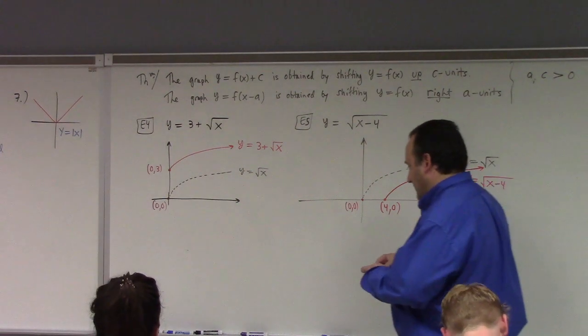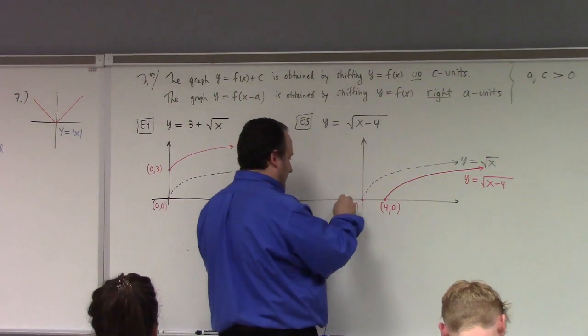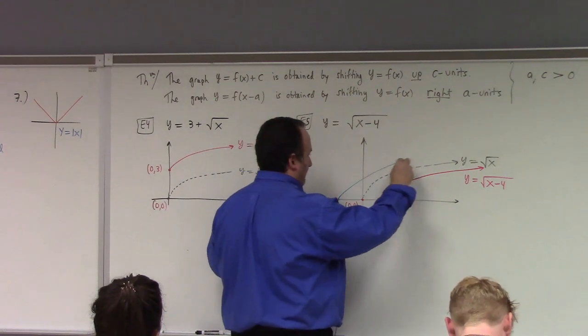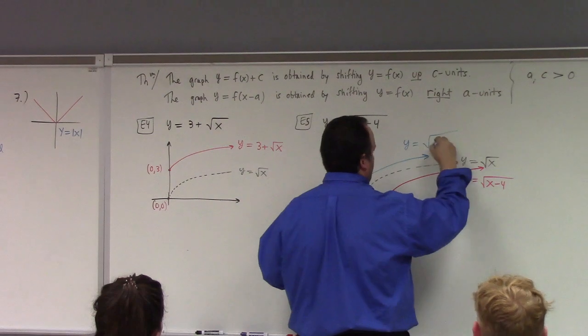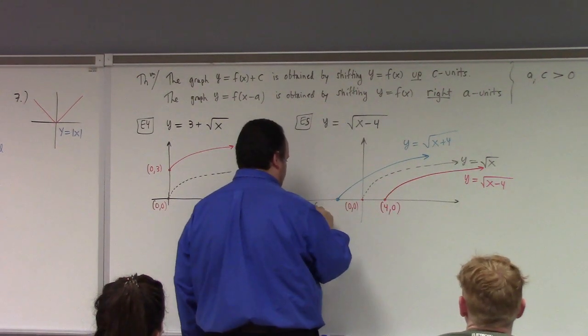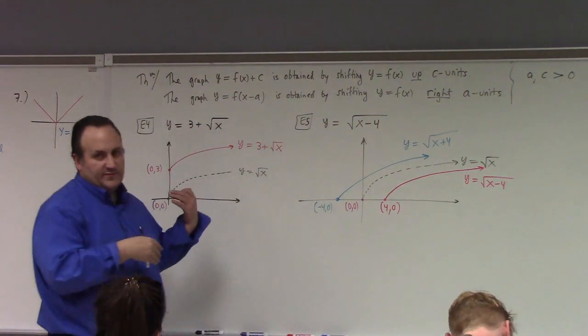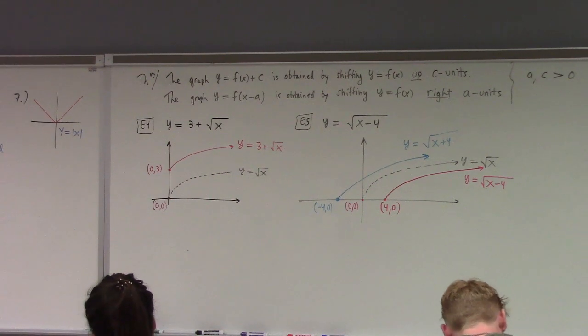Now, while we're talking about it, let's make a hideous graph to the left 4 units, like this. That would be y is equal to the square root of x plus 4. Now, the starting point there, minus 4, 0, right? So what happens when you plug minus 4 into that formula? You get square root of minus 4 plus 4, which is 0.